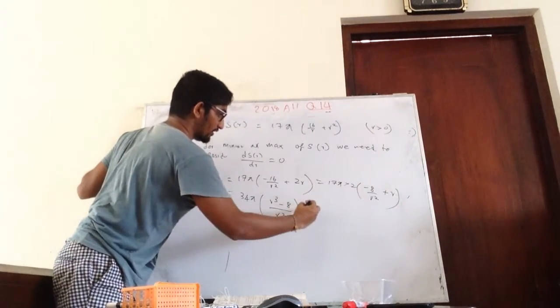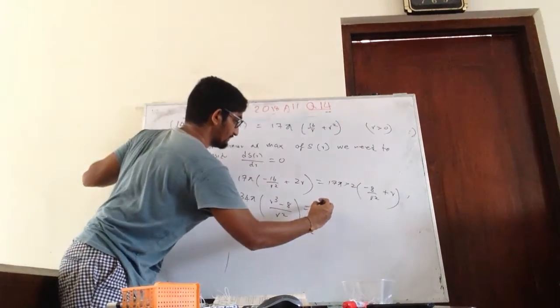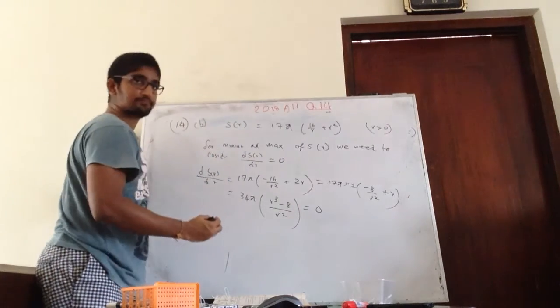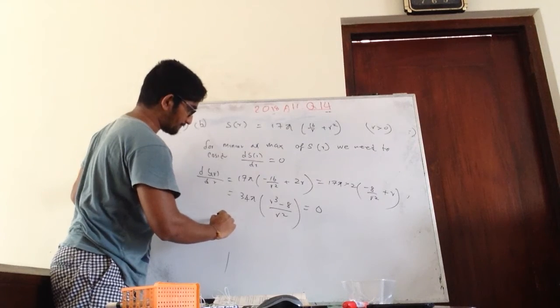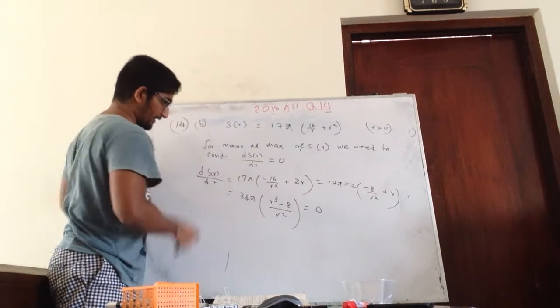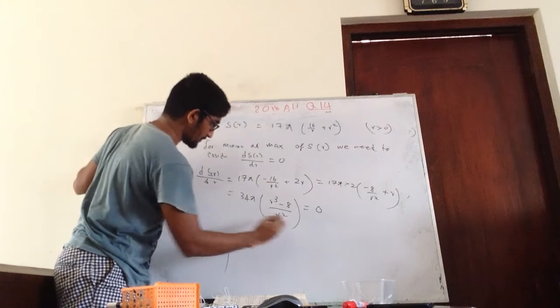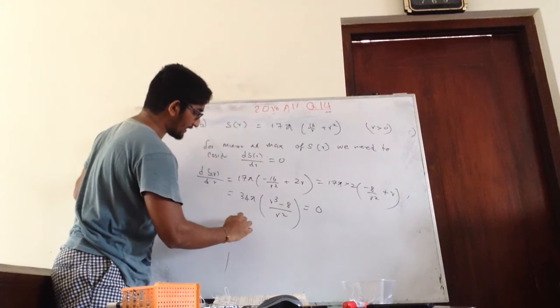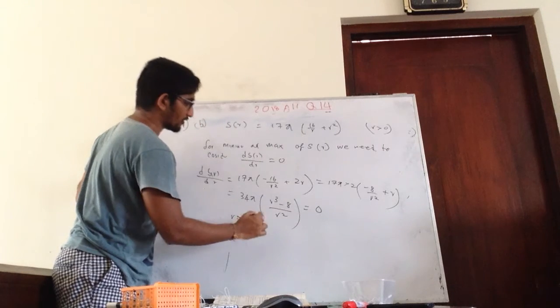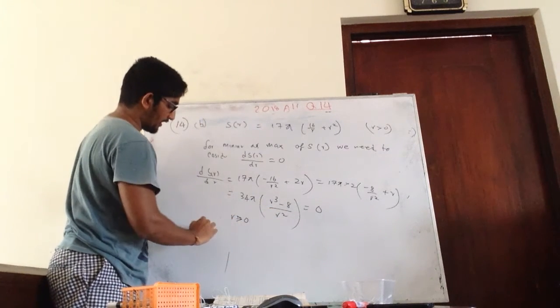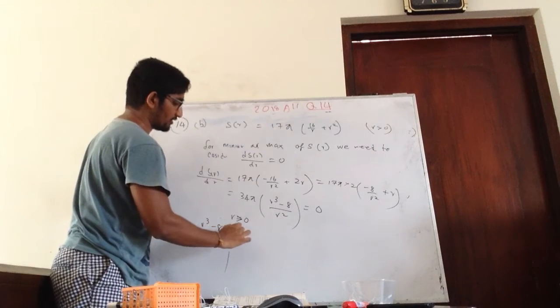Then I can write this as 0, right? So now I know that r is greater than 0, so this is not 0. So then r cube minus 8 is 0.